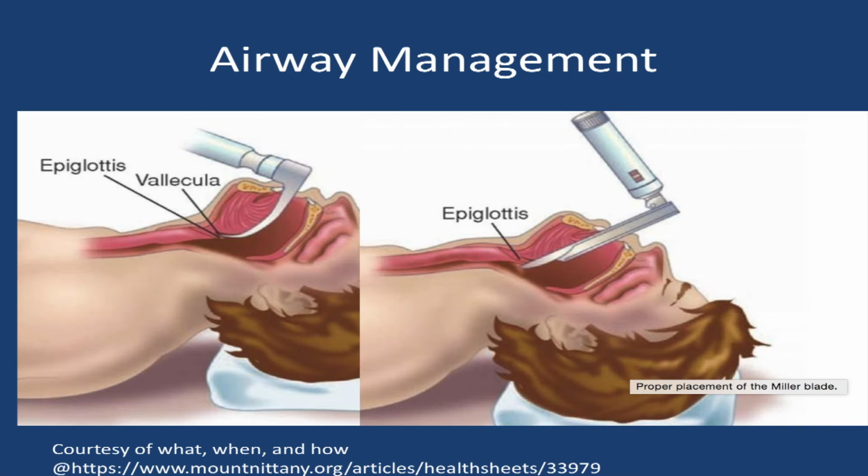Once the epiglottis has been displaced using the Miller or the Macintosh blade, the glottis is visualized. It appears to be a very floppy valve. The vocal cords are quite floppy in nature, not rigidly held, and it is very easy to insert the endotracheal tube down there very carefully, provided it is the right size for intubation in that particular patient.